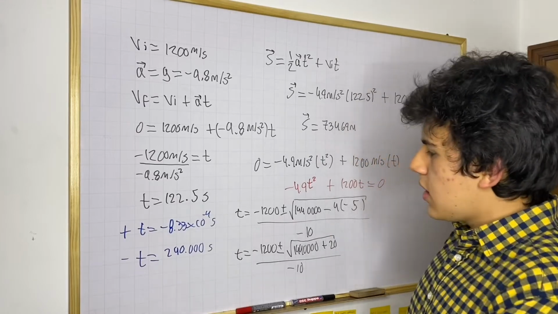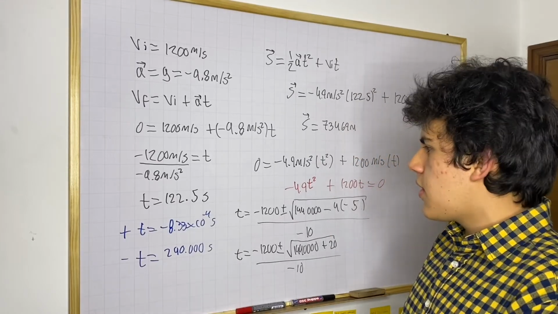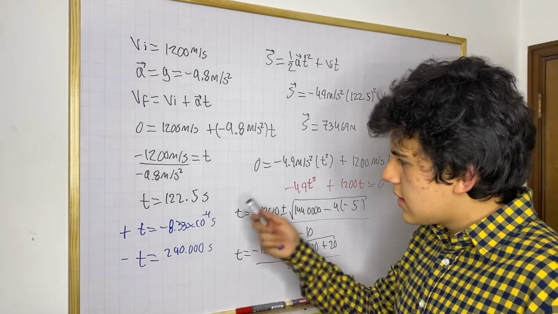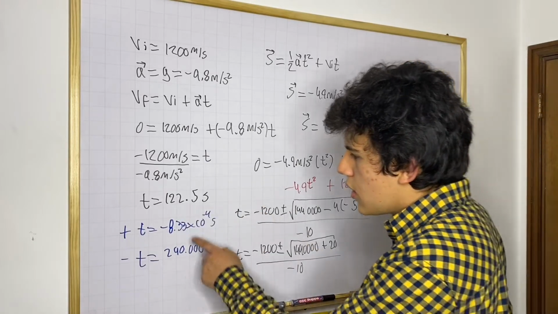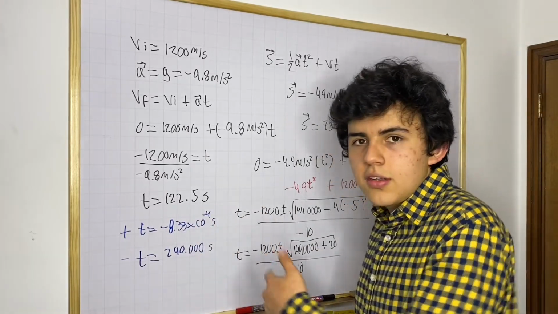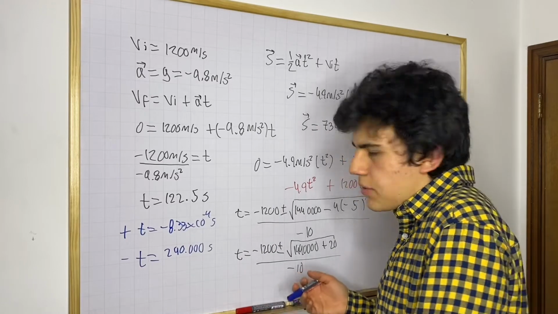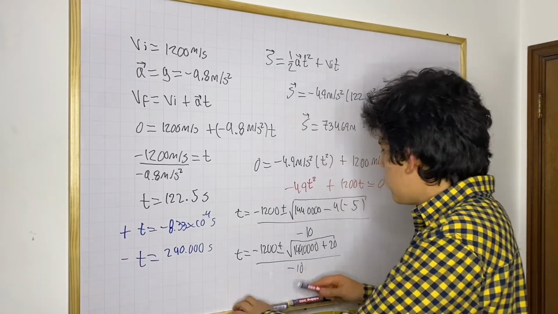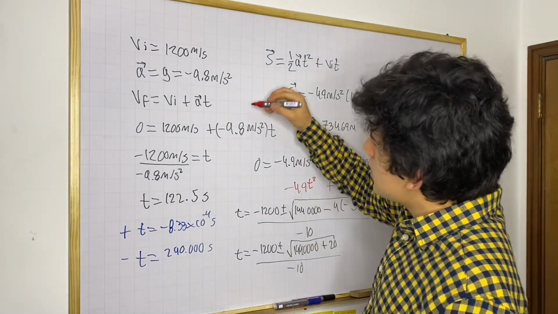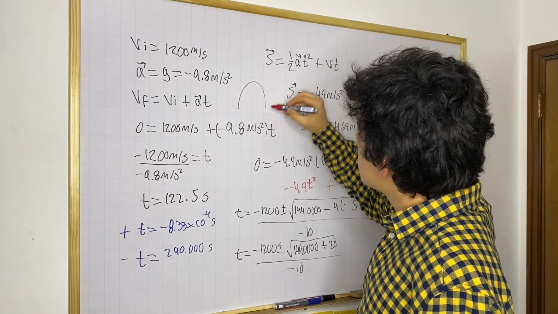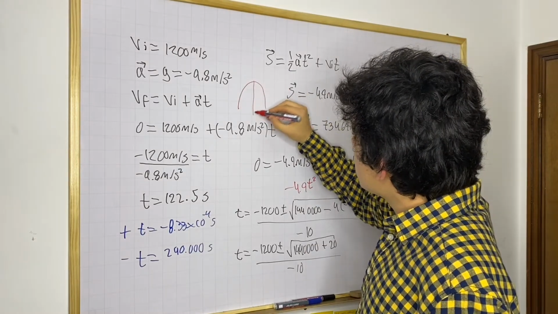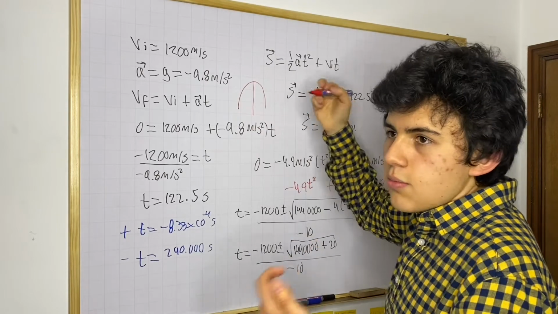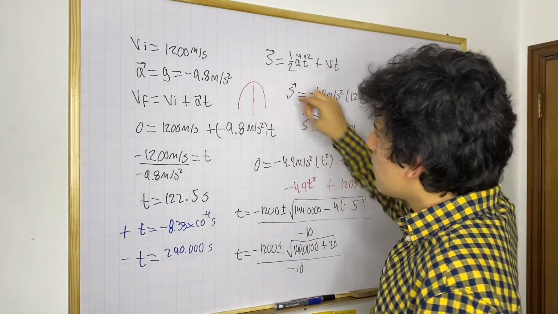It's pretty cool, and it shows you that it is twice the time it takes for the bullet to go up, which is what would make sense. If you have a parabola, which is the path an object takes, and you divide it in half, you should get the same amount of time on both sides.